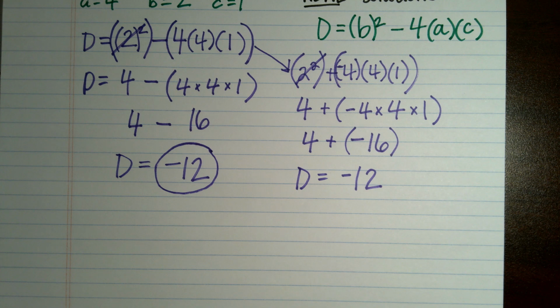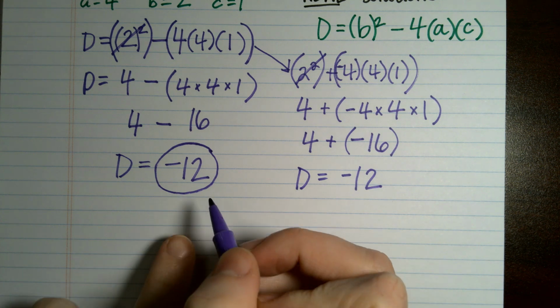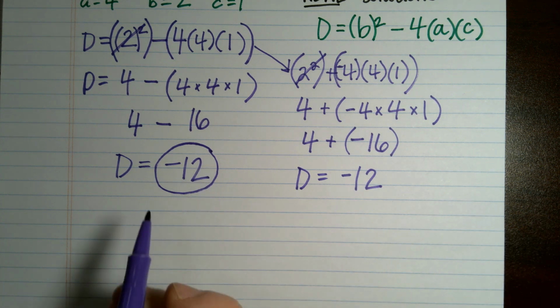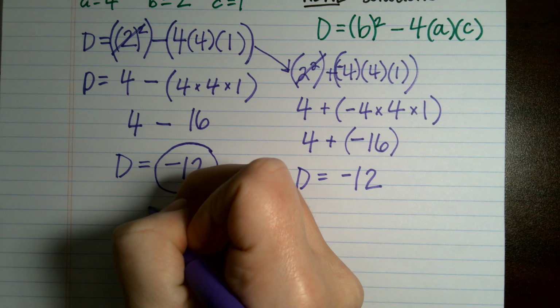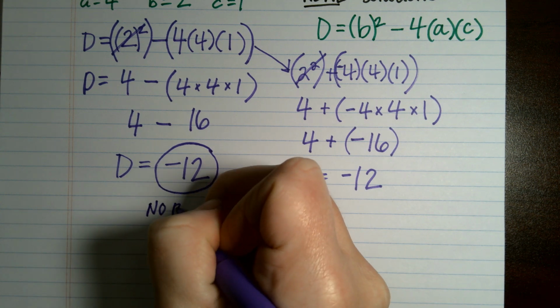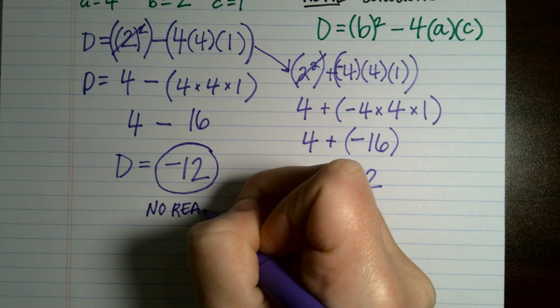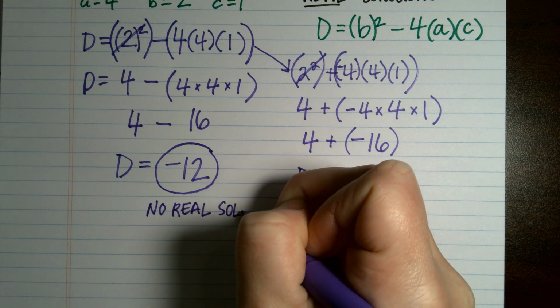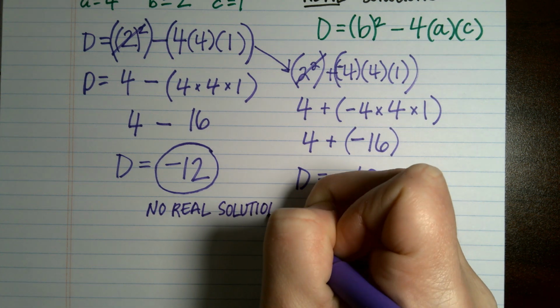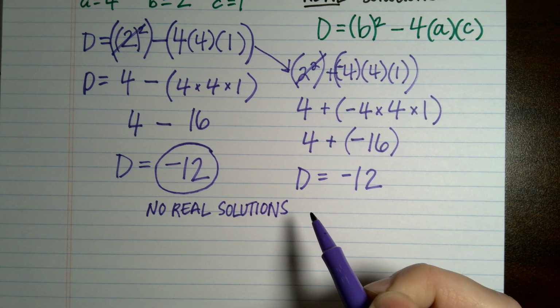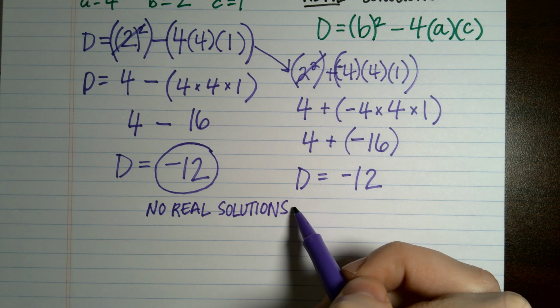None. There's 2 imaginary solutions, but there are no real solutions. So our discriminant is -12. We would say no real solution. So that's what we would write on the test. Yes, and I will ask you for that specifically. I'll say, how many real solutions.